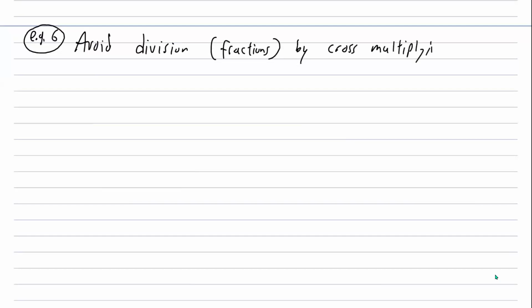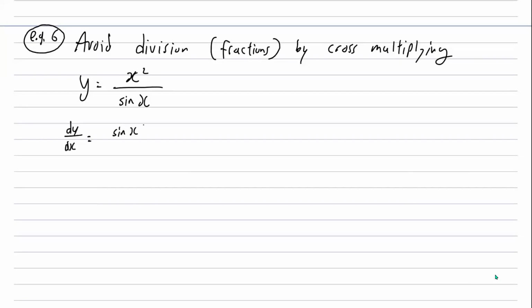Example number 6. We're going to avoid division of fractions by cross multiplying. So let's say, for example, we have y equals x squared over sine x. What would you have to use? Quotient rule, right? So normally you would do dy by dx straight away.